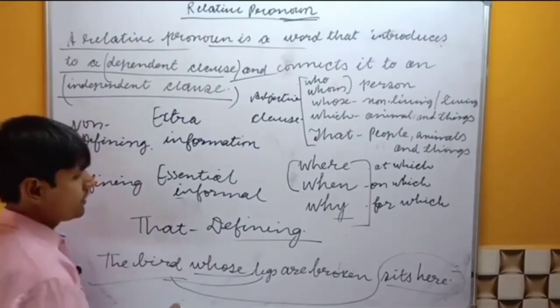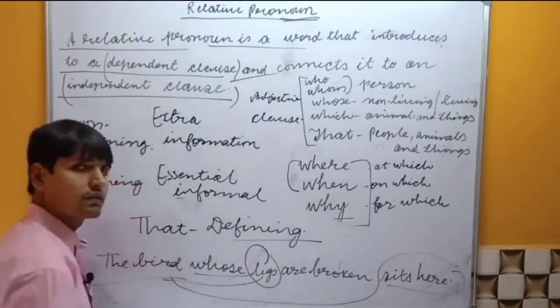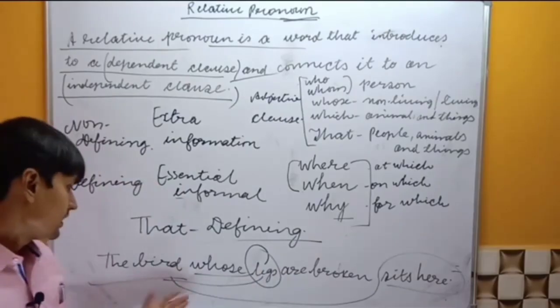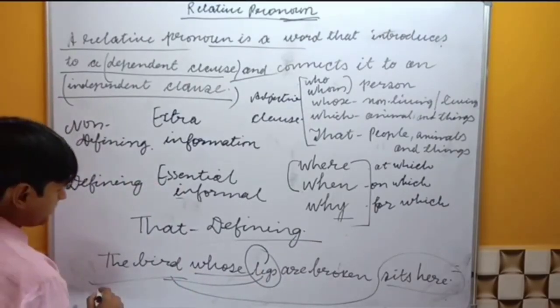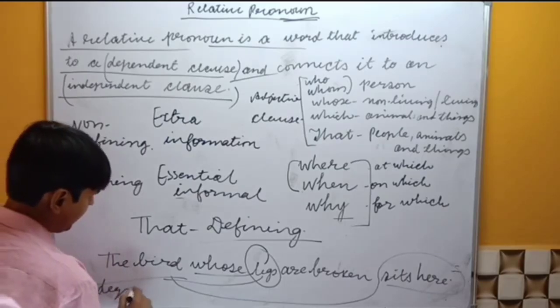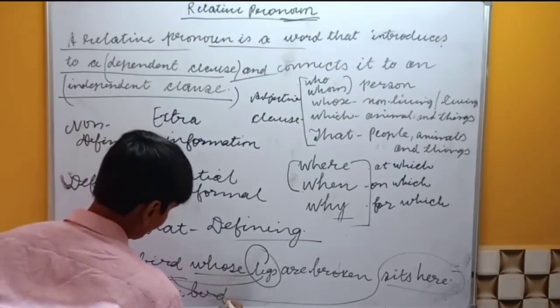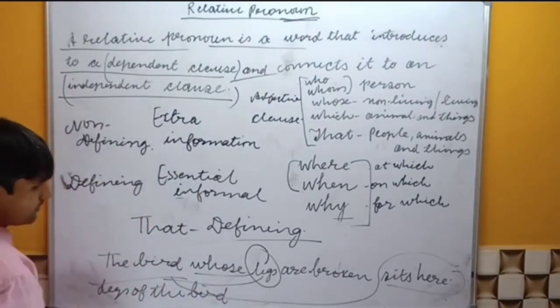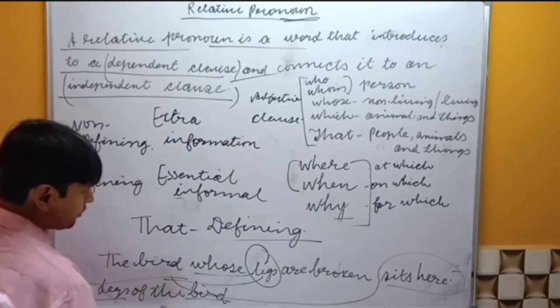Always remember that after whose you always have to use a noun here, because there is also the noun in here. If you write here legs of the bird, then you can see clearly that a noun has been used on both sides.